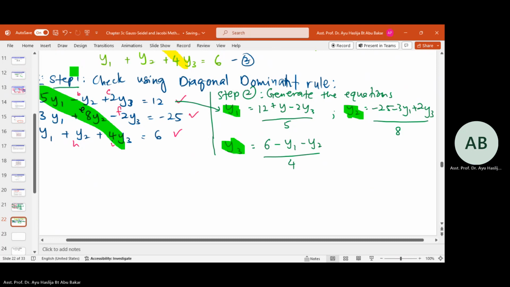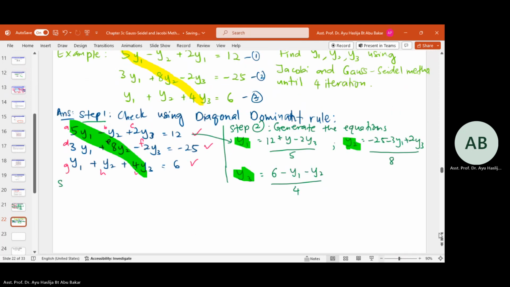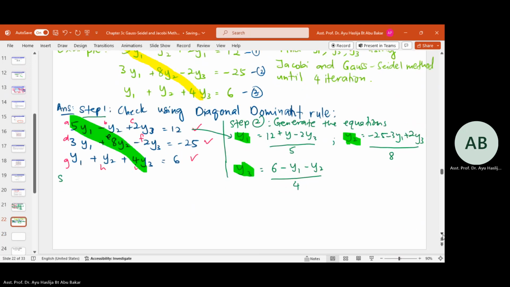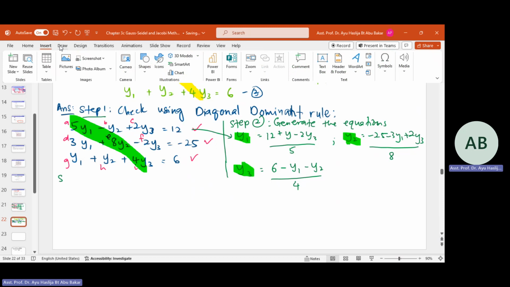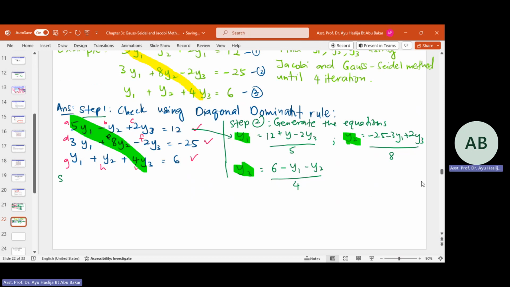Get it right? I copy the y equations back here to the next slide. Okay, we need to move to the next slide for the iteration part.